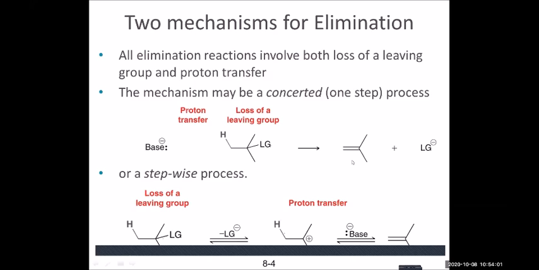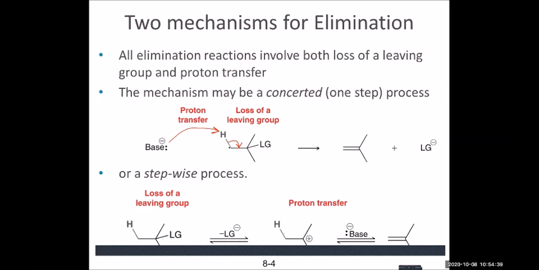For elimination, very similar to substitution, there are also E1 and E2 processes. The first, E2, is a concerted one-step process: the base attacks and the leaving group breaks off at the same time. With arrow pushing, the base uses a lone pair to form a bond with the hydrogen, and the hydrogen's bond breaks to help form the double bond.